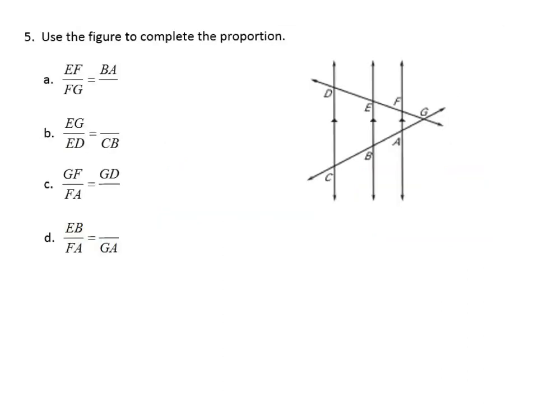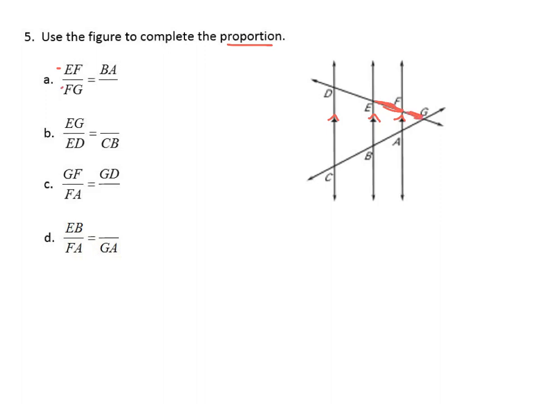So this next example deals with theorem 6.6, which discussed those 3 parallel lines. So in this case, my parallel lines being DC, EB, and FA. And what I want to do is just complete the proportion. So first thing I want to focus on is what sides they started the proportion with. So we have EF, so I'll highlight that, to FG, and we'll highlight that.